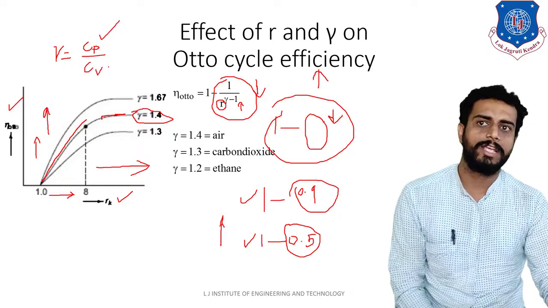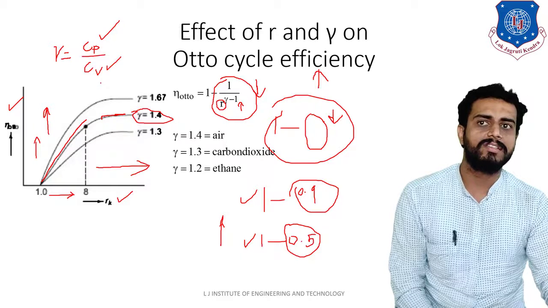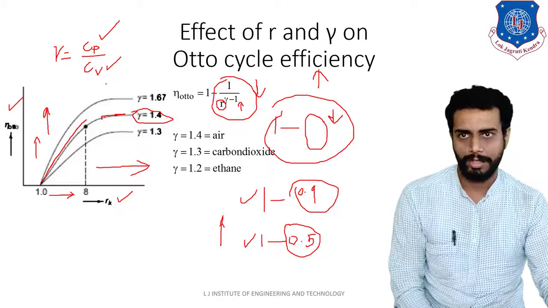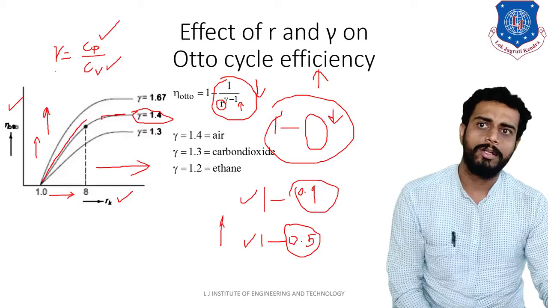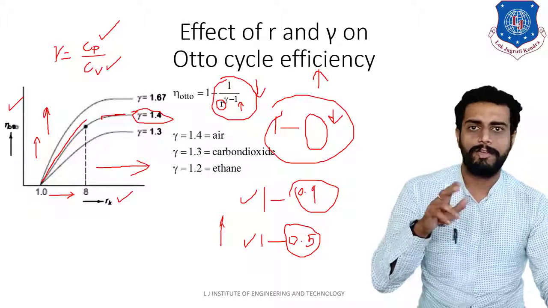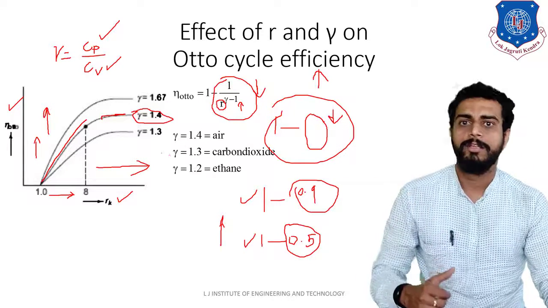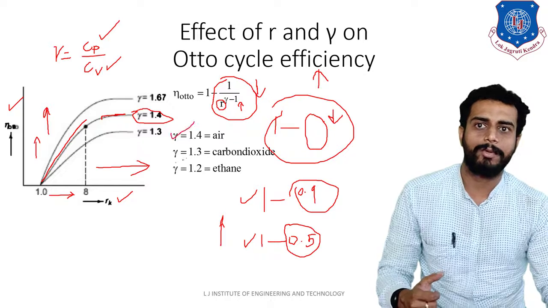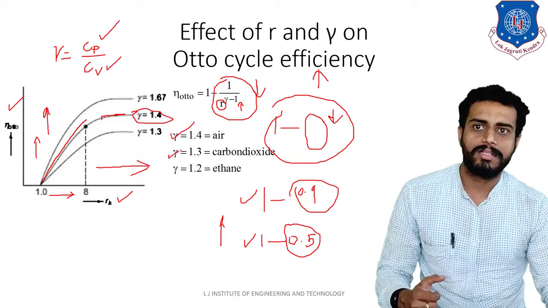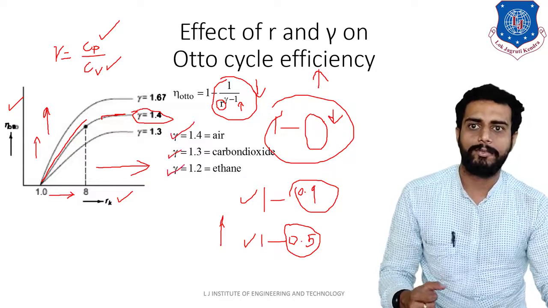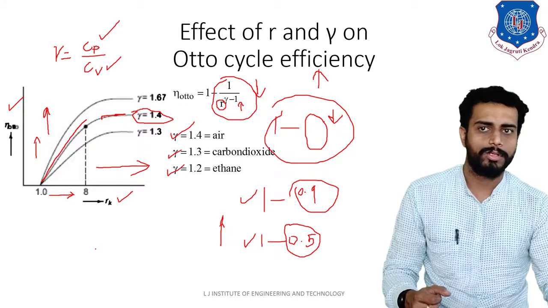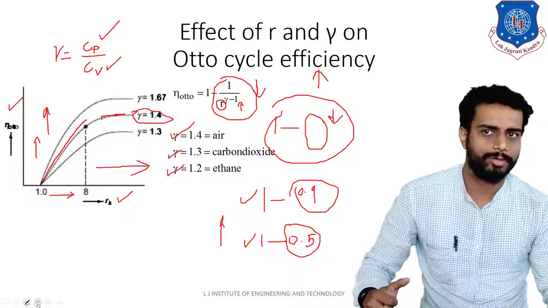Cp is specific heat at constant pressure and Cv is specific heat at constant volume. Okay, so the ratio Cp/Cv will be different from fluid to fluid. So for air the ratio is 1.4, for carbon dioxide the ratio is 1.3, and for ethane the ratio is 1.2. So just for example and understanding I have shown to you.